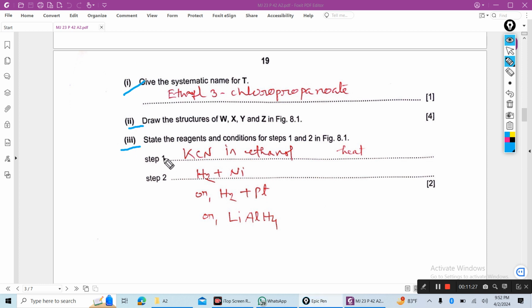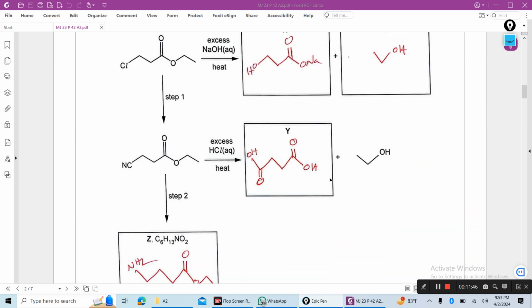Now number 3, state the reagents and conditions for step 1 and step 2. And you see, step 1, reagent potassium cyanide, condition in ethanol. So step 1, you see what happened.